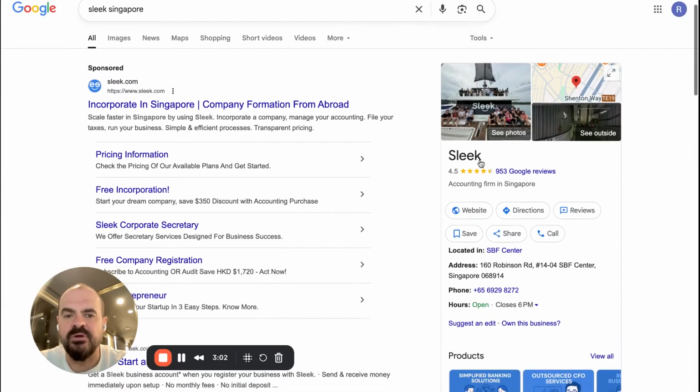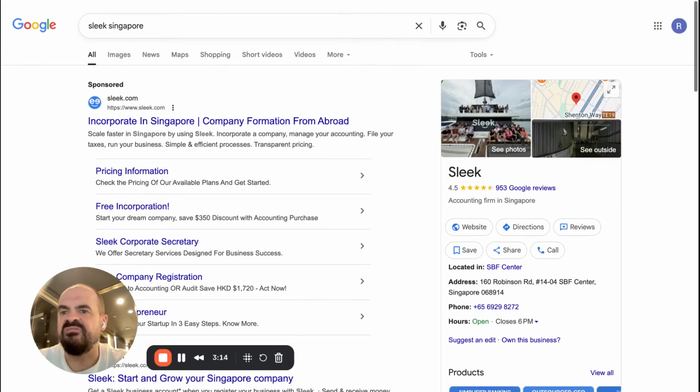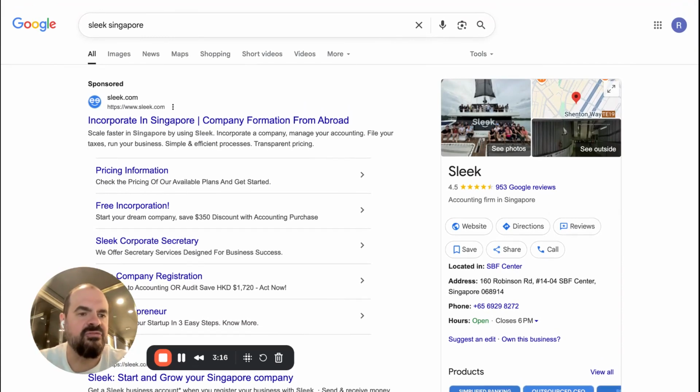Okay, so first things first. Here we took the example of a pretty famous company in Singapore, kind of an accounting firm, but also doing company formation and so on. It's pretty famous, so everyone can relate to it. But keep in mind that those kinds of optimizations can be valuable for any kind of business.